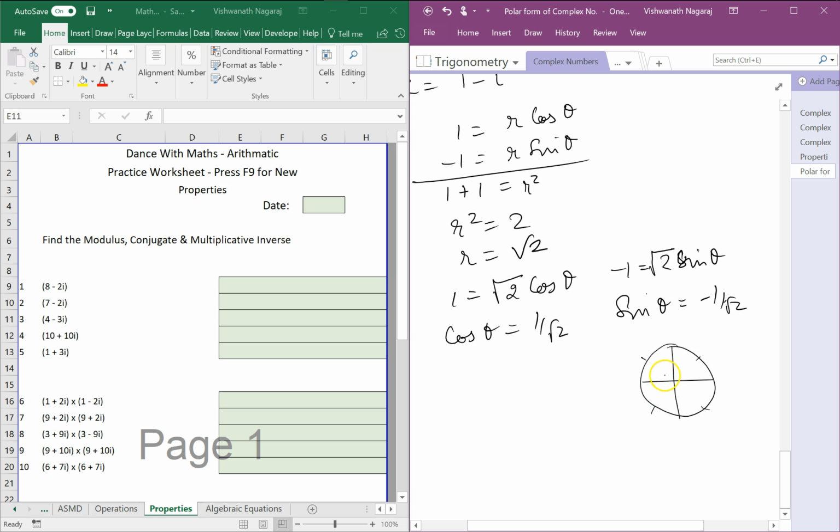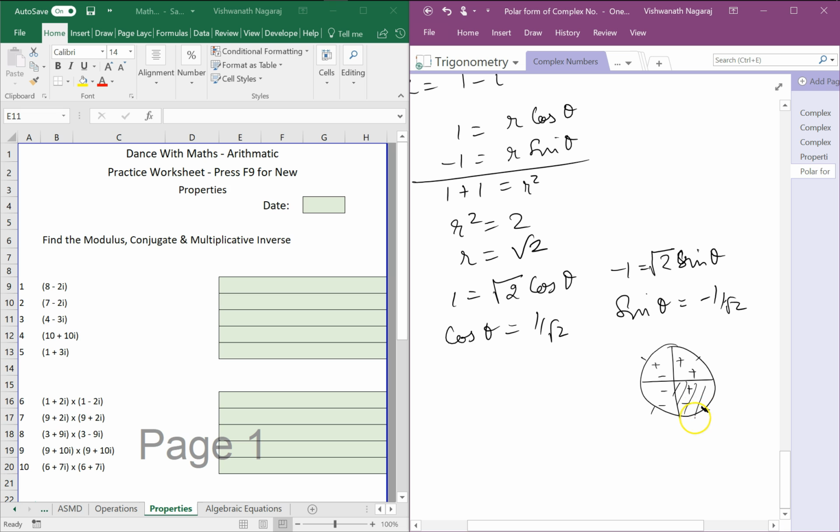Sin θ is the opposite side, that means y, so it is positive here, negative, negative. Now when is cos θ positive? Cos θ is positive here, negative, negative, positive. So sin θ is negative and cos θ is positive. That happens only in this quadrant. That means this is the angle we are looking at.